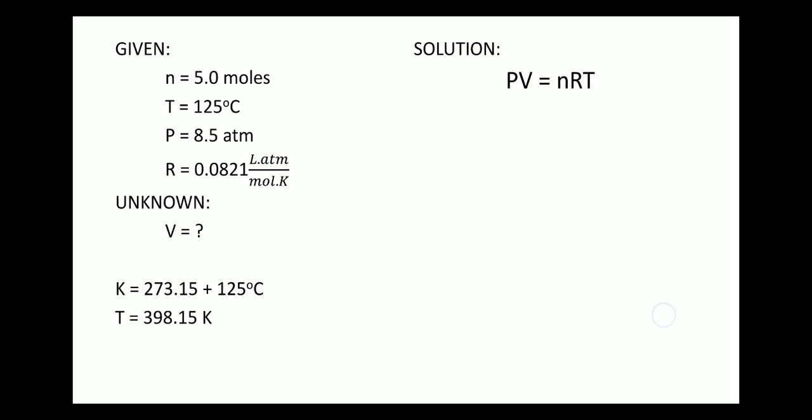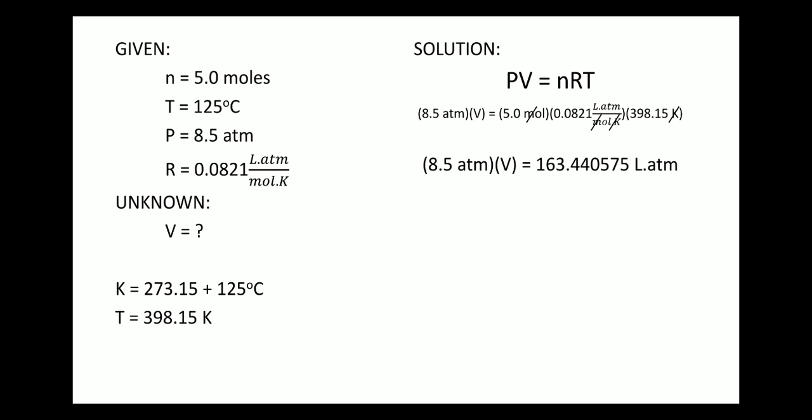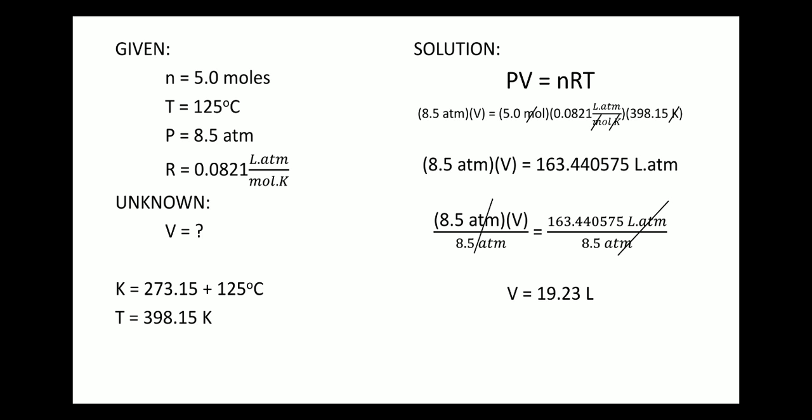Substituting the values, 8.5 atm times V is equal to 5 times 0.0821 times 398.15. Canceling some of the units and multiplying the right side, we get 163.440575. Then copy 8.5 atm and V to the left, divide both sides by 8.5 atm, cancel, and divide the numbers: 163.440575 by 8.5. Then volume is equal to 19.23 liters.